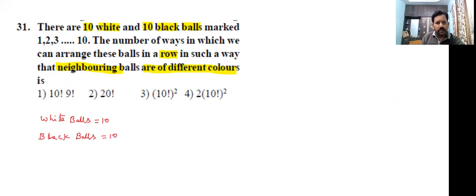The first place should be either white color or black color. Two cases are possible. First, I am going to fill white color. How many are there here? 10. 1, 2, 3, 4, 5, 6, 7, 8, 9, 10.